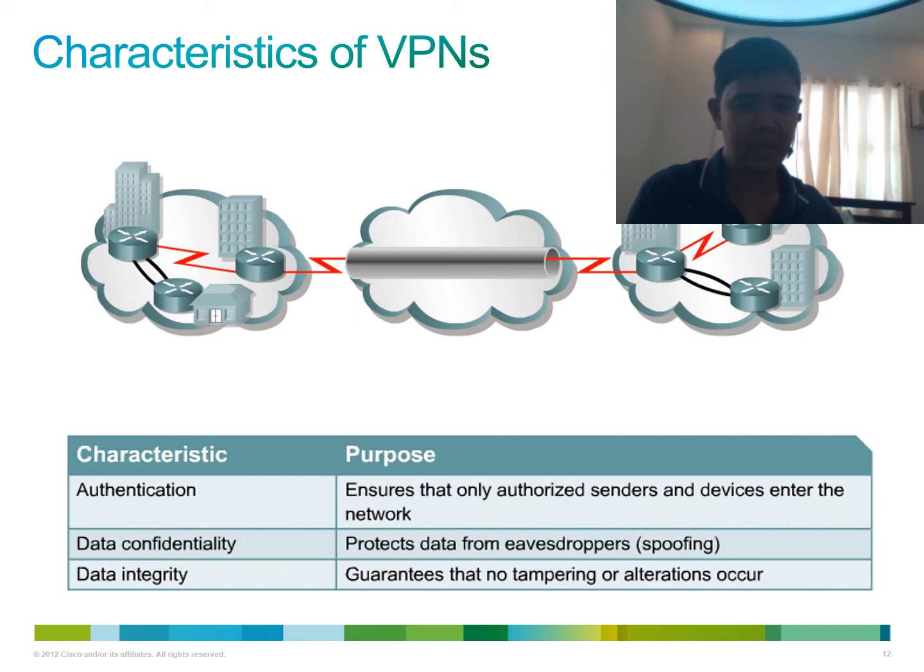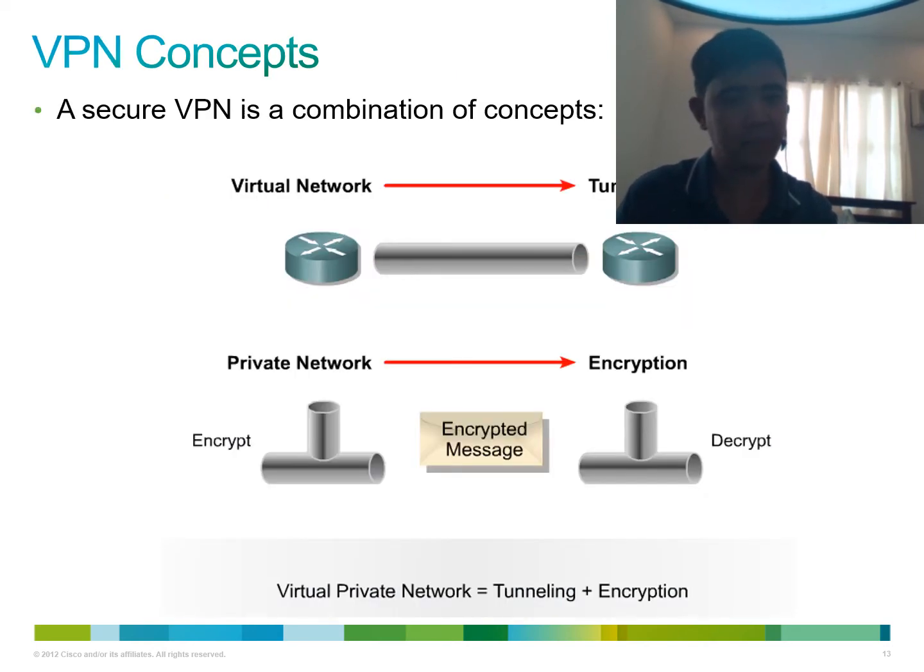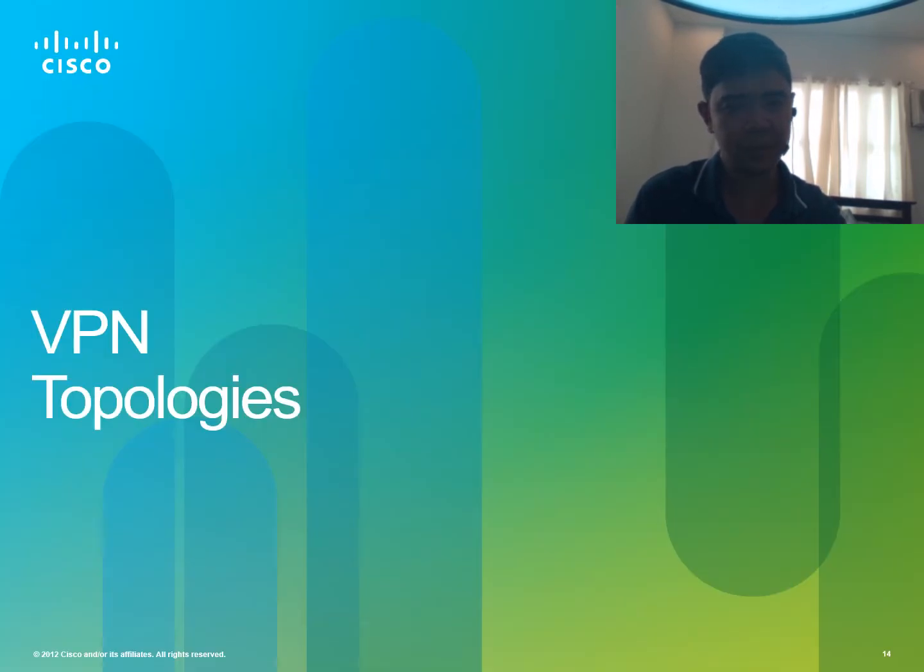And then integrity is mechanisms that ensure that the data has not been tampered or altered. Okay, again, I mentioned already that tunneling is the concept we use in VPN that indicates that the data transmission is secured by providing encryption mechanism or applying cryptographic algorithm.